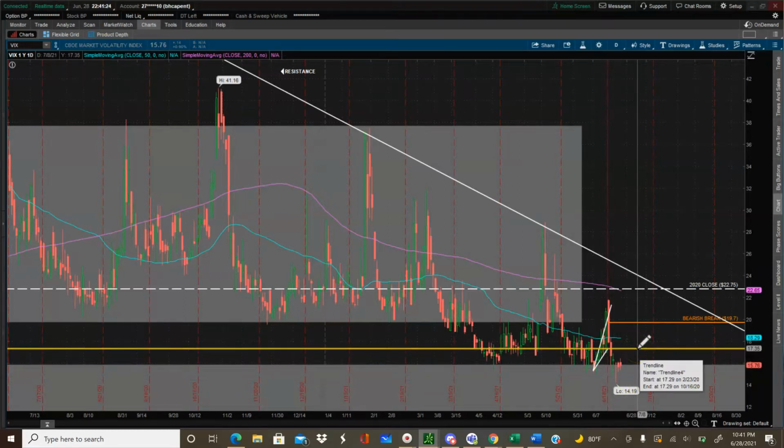I'll be watching this golden area, about the mid to low $17 range, as a level I'll be watching short term. So historically roughly 16 to 11, short term about 17 to 17 and a half, and then the 19 and a half, and then that 2020 close of 22.75, so high 20s.